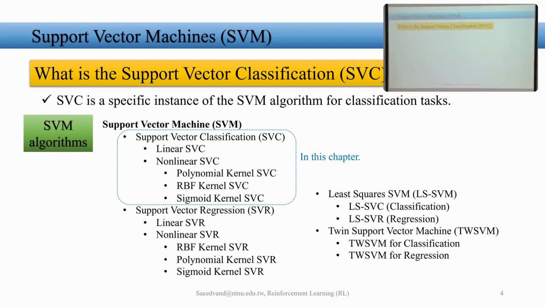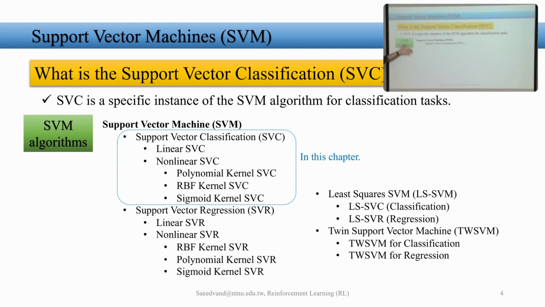Now let's say, what is SVC? Support vector classification is a specific instance of the SVM algorithms that we use specifically for classification tasks. There are different SVC algorithms included in SVM.